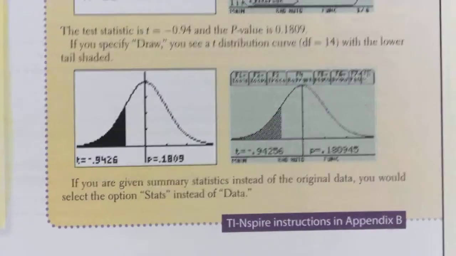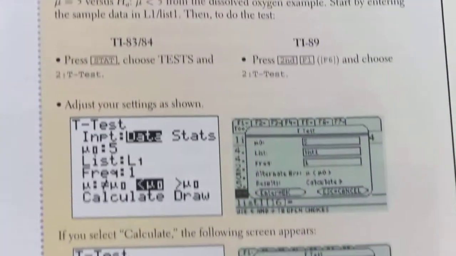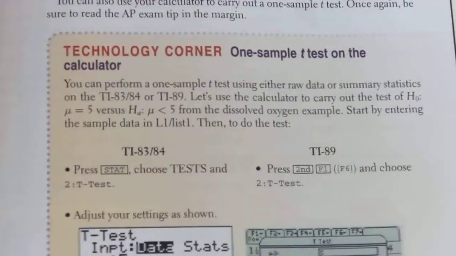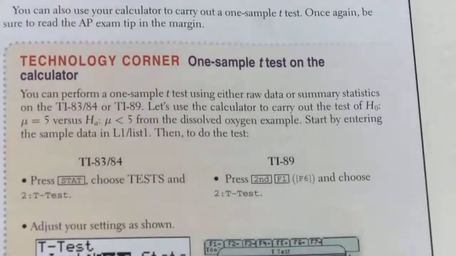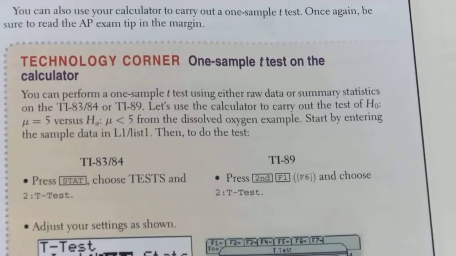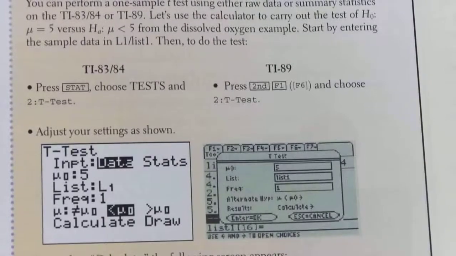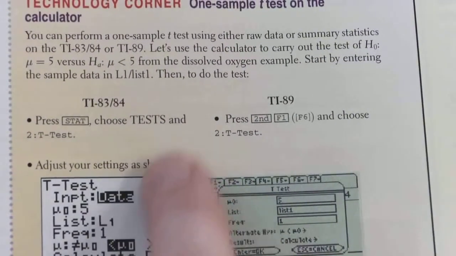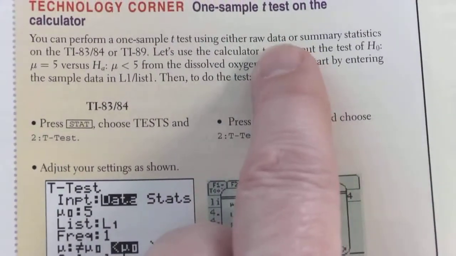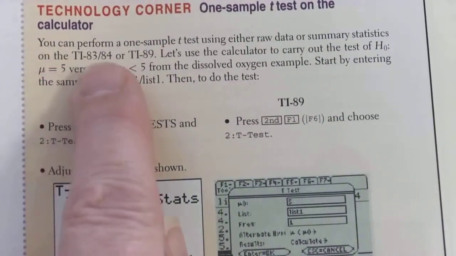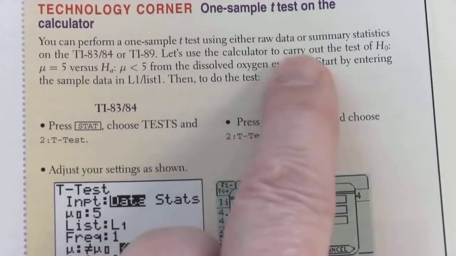That one's that one. So let's jump over and look at page 573. Okay, now, this is the one-sample t-test on your calculator. You can perform a one-sample t-test using either raw data, so you would put that in your list 1, or summary statistics on the TI-83/84.